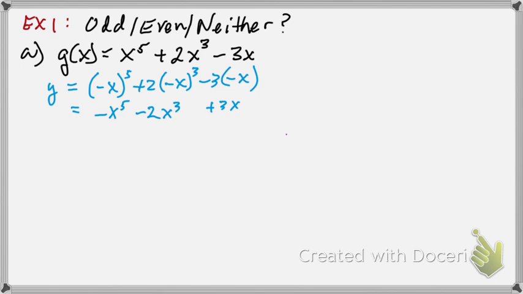Now, does that look the same as the original? No. It doesn't. So what do I know about the even part? It's not even. If that right there looked the same as my original equation, that would be an even function. It doesn't. Does it look like the opposite of the original? Did all the signs flip?